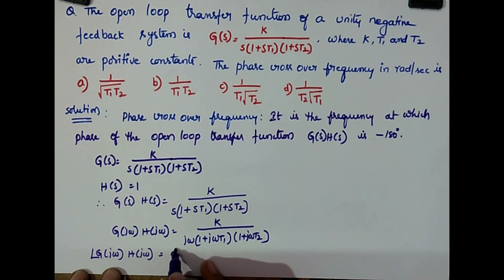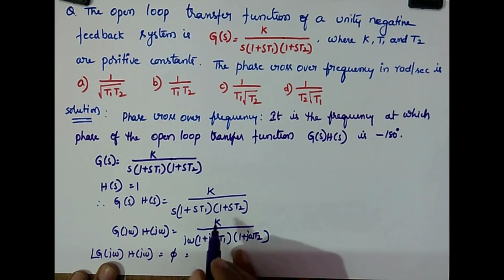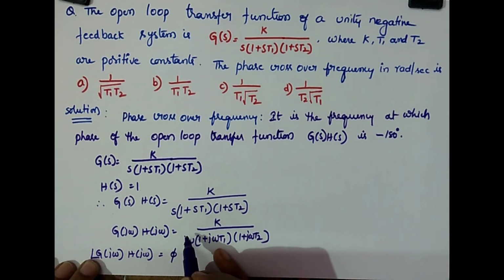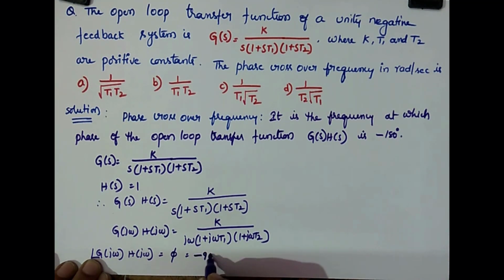Let it be phi equal to... Now the first term is 1 by jω. jω means only imaginary, so tan inverse of ω by real part 0, which is tan inverse infinite, which is 90. And as it is 1 by jω, it is simply minus 90.